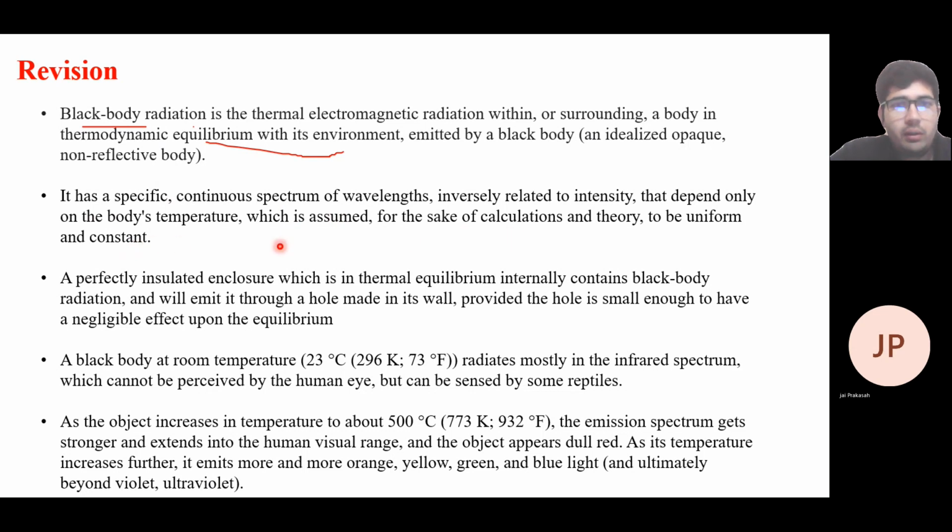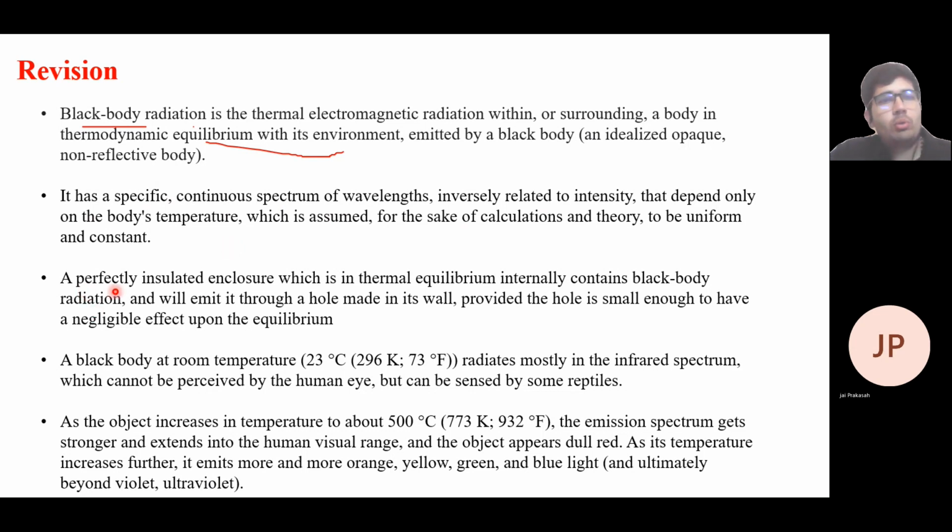As the temperature increases, the radiation from that body will increase. So the main thing that defines the intensity of black body radiation is the body's temperature, and when we do the calculation, we assume the temperature to be constant.